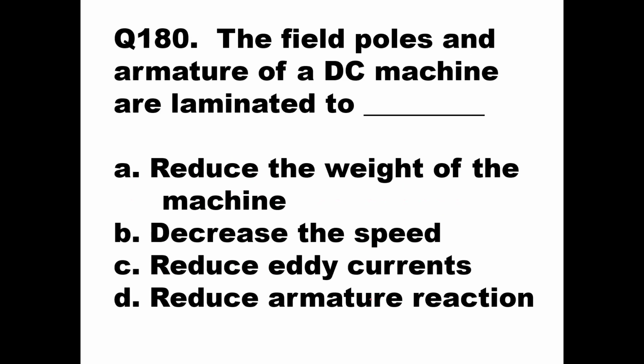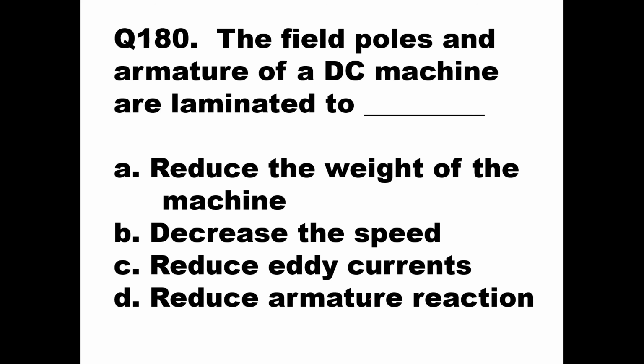Then we'll go to the next question, question number 180. The field poles and armature of a DC machine are laminated for what? Option A says reduce the weight of the machine. Option B says decrease the speed. Option C says reduce eddy current. And option D says reduce armature reaction.